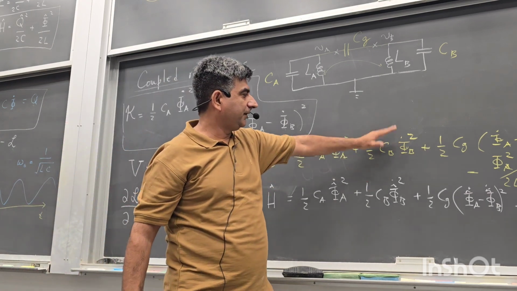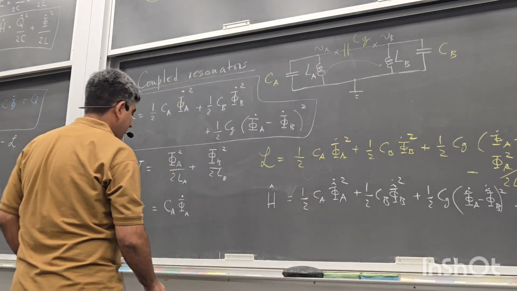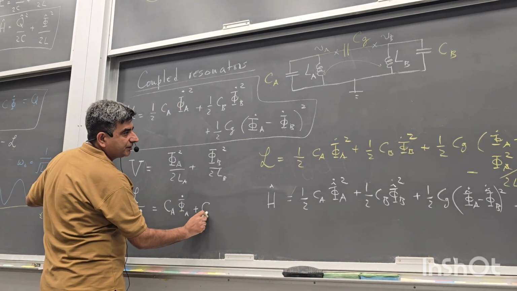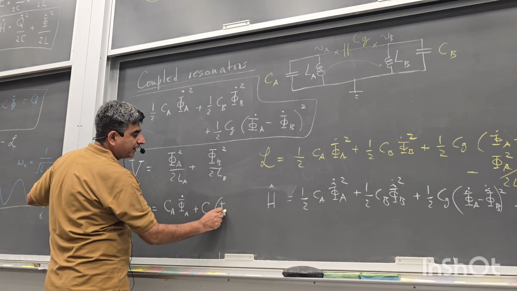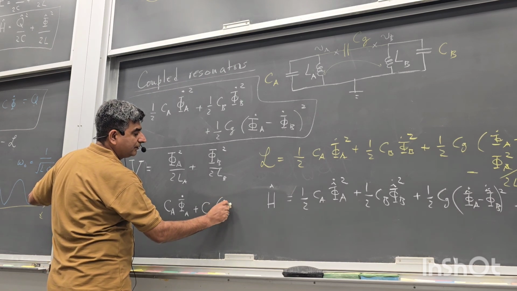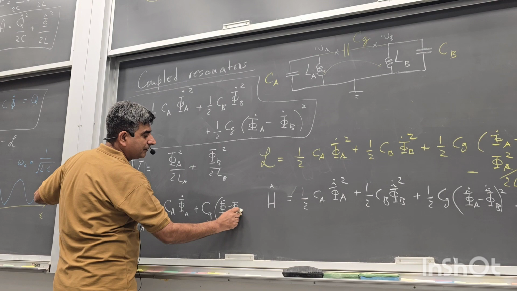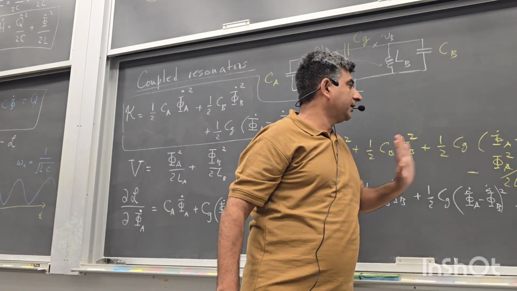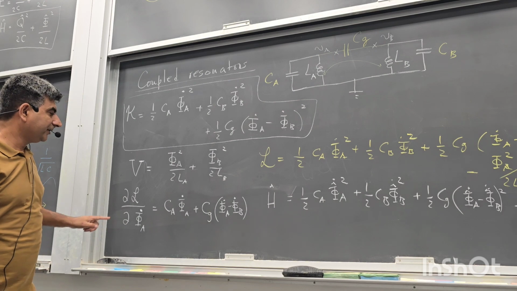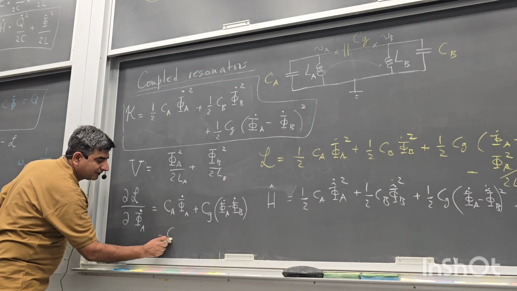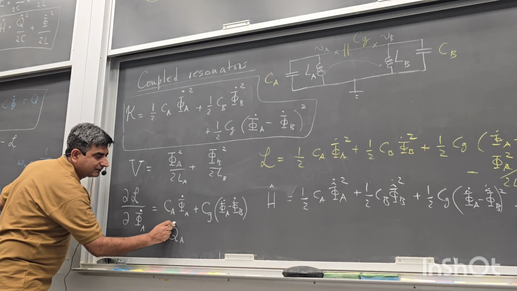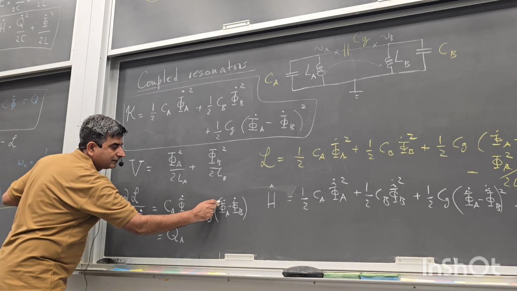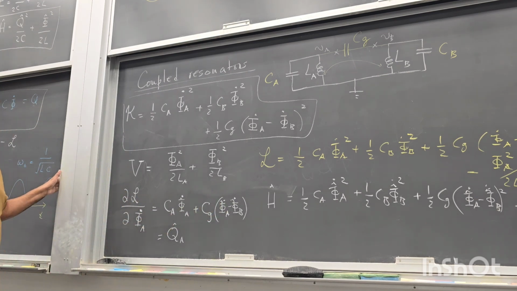This term is 0. Here I will get CG times phi A dot minus phi B dot. The derivative of this is 1, that's it. So this is my QA.